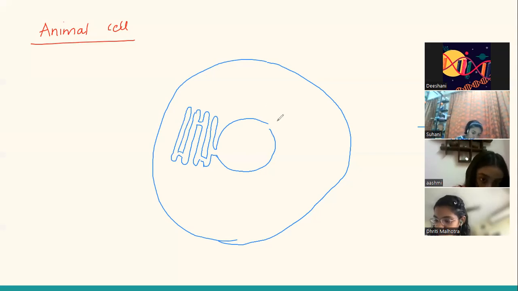I'm taking some amount of time because not able to draw with this. So usually in animal cell, the endoplasmic reticulum will take up a lot of space, whereas in plant cell, the vacuole takes up a lot of space. So plant cell is easier to draw always.